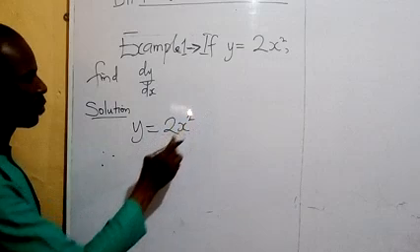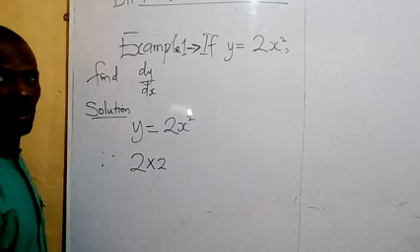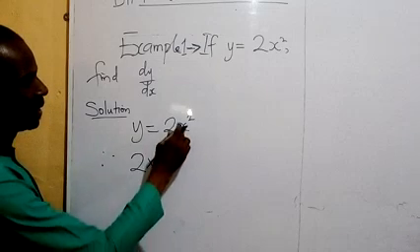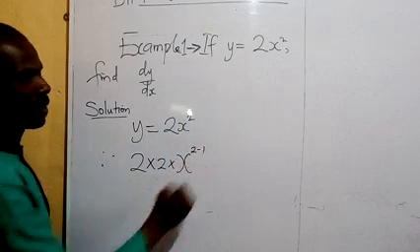The power of x squared will be 2, multiplied by the 2, multiplied by x raised to power 2 minus 1.